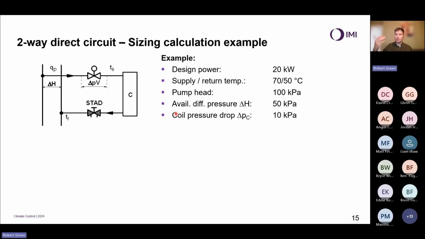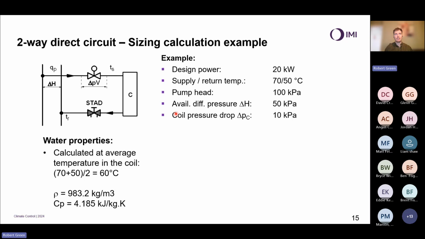So you'll notice we don't have a flow here, but we can calculate it. If we calculate the flow at an average temperature in the coil of 60 degrees C, we have a density of 983.2 kilograms per meter cubed and a specific heat capacity of just under 4.2 kilojoules per kilogram Kelvin.